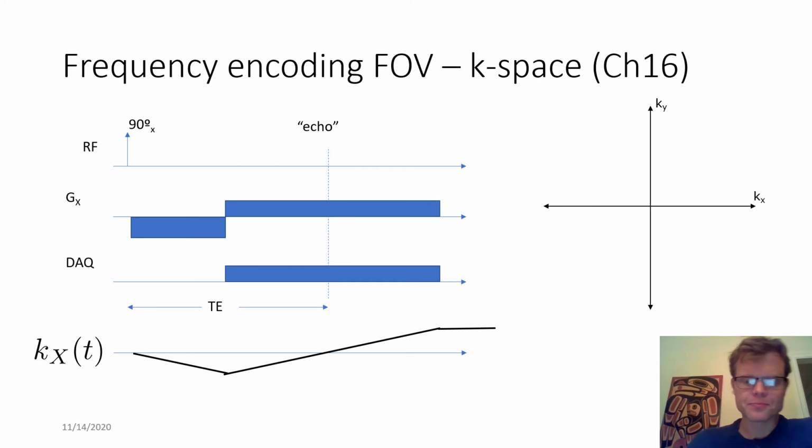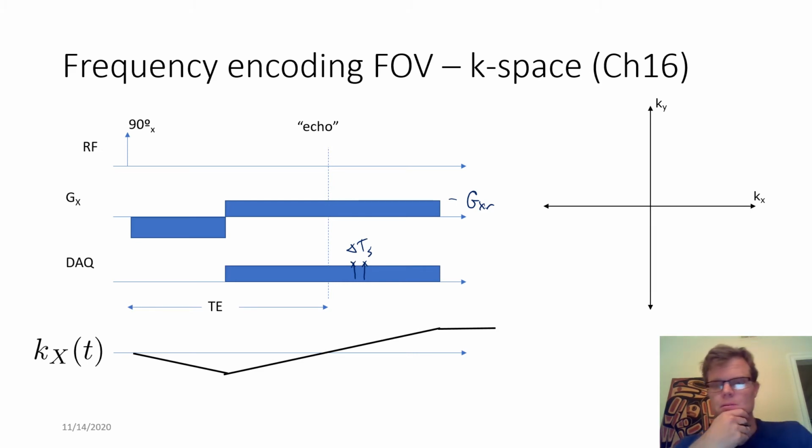Okay, so what I'd like to do here is go back to now some of our gradient amplitudes and other parameters, the parameters that are going to be relevant first for defining the field of view. So we sort of know what these are going to be for frequency encoding because we already looked at this relationship.